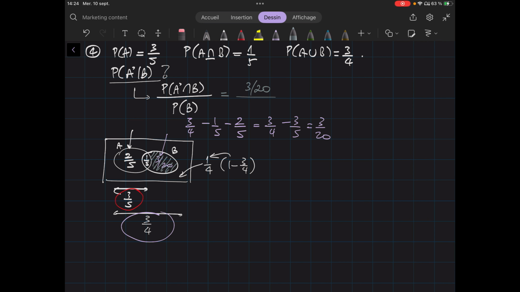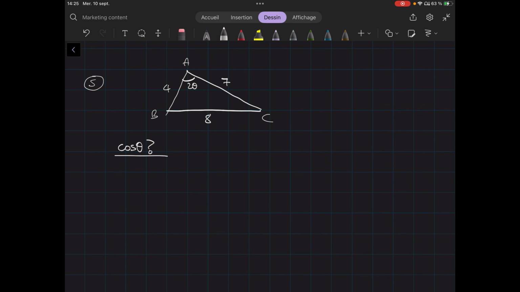The probability of B is going to be this portion over here, that includes the 1 by 5 and the 3 by 20. So we can now add the two fractions in the denominator, and that will give us 3 by 7. That is the end of this question.